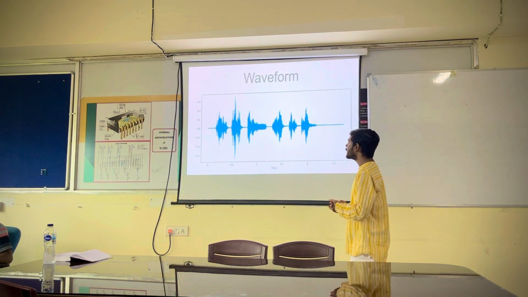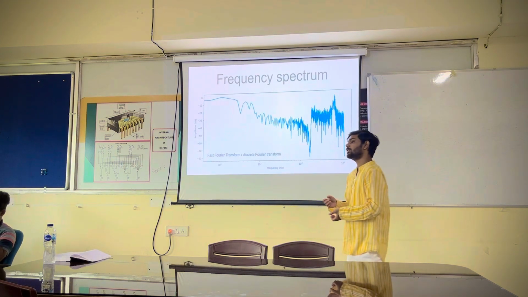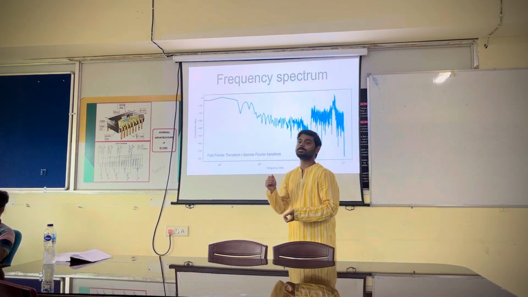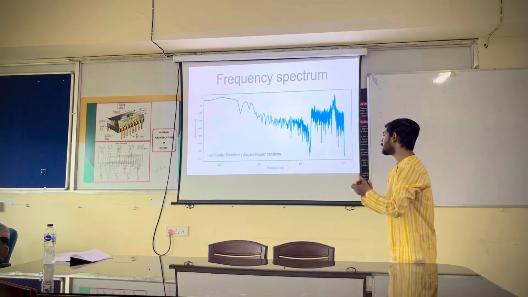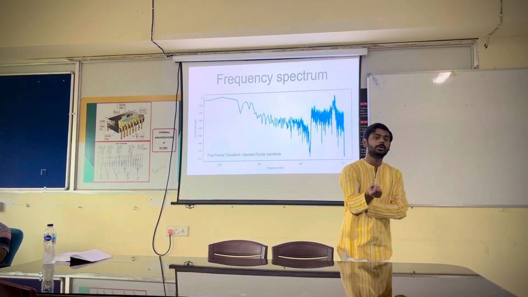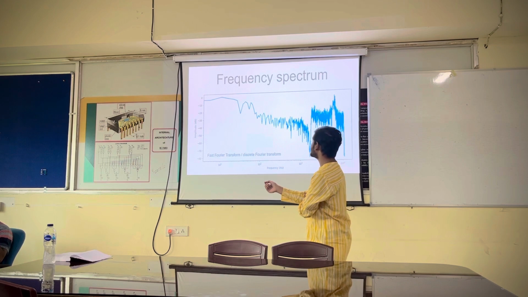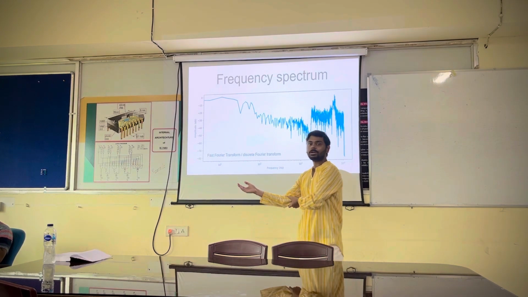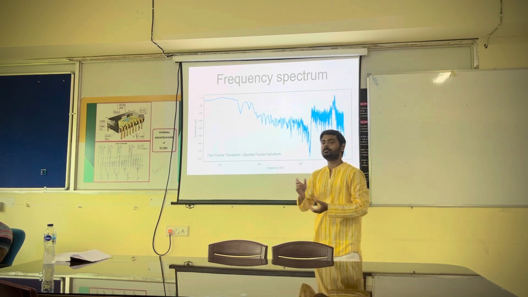Right. Next, we can also represent the audio as a frequency spectrum. Now, the frequency spectrum is not for the complete audio. It is for an instance of the audio, and here the frequency spectrum measures the different frequencies and the corresponding amplitude for that frequency.